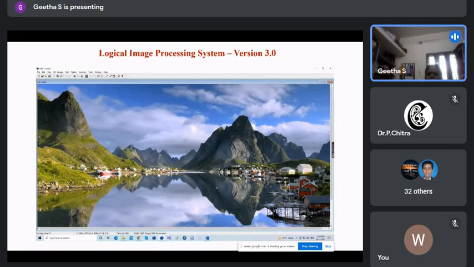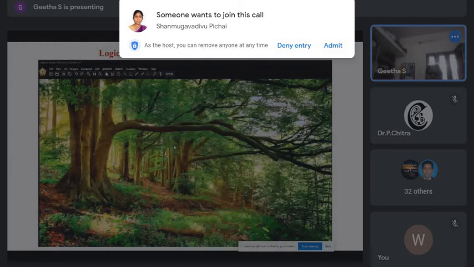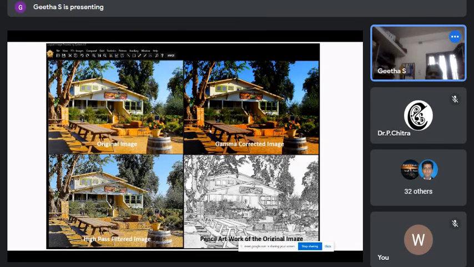Now I am using this software, Logical Image Processing System version 3.0. Next, Logical Image Processing System version 4, which is advanced. This is the original image, gamma corrected.